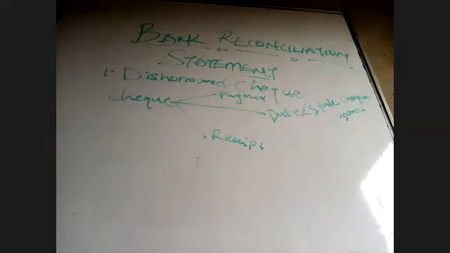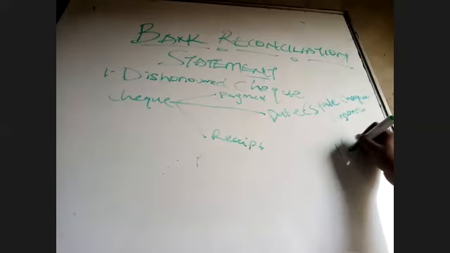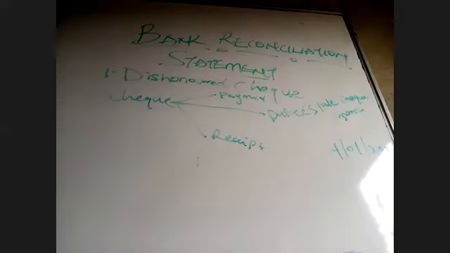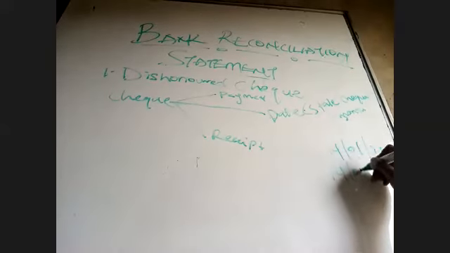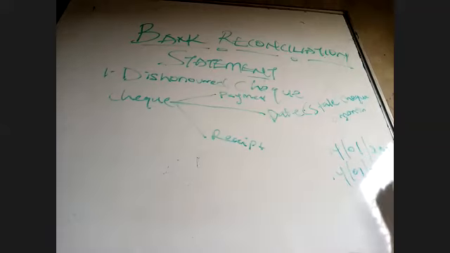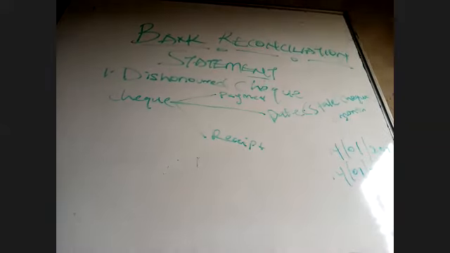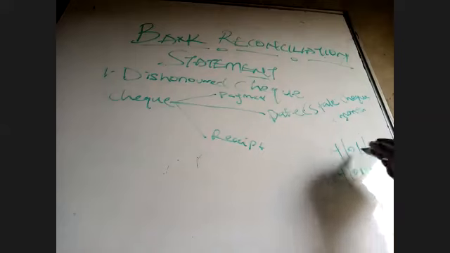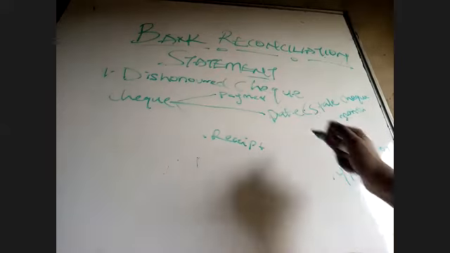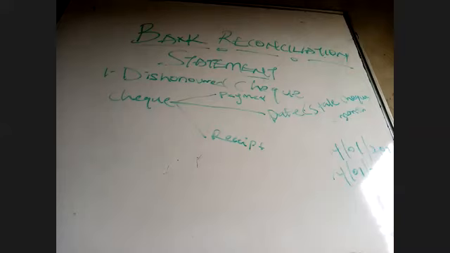But aside from that, I've seen a scenario whereby the date on the check was supposed to be 14/01/2021, and the person that issued the check mistakenly wrote 14/01/2020. Even if the check has passed through all the levels of authorization without anybody seeing that the check is 14/01/2020 and we are in 2021, the bank is going to return this check. They are not going to accept it. That one is another thing.